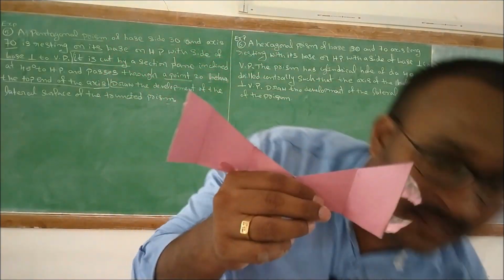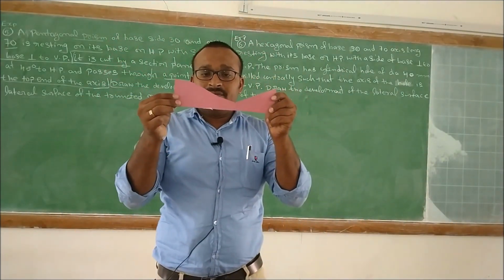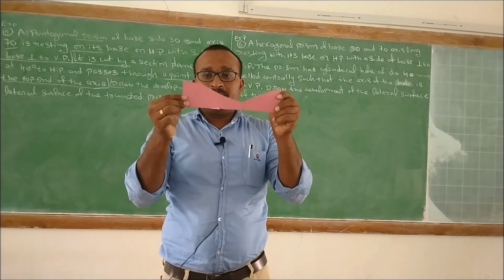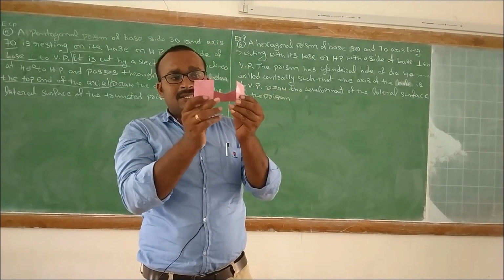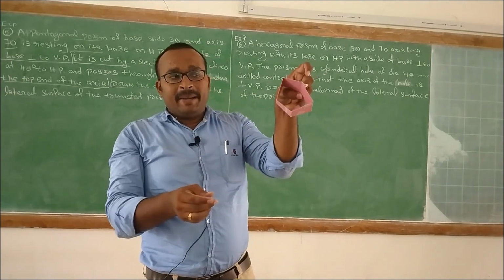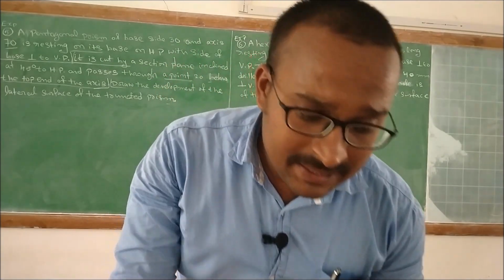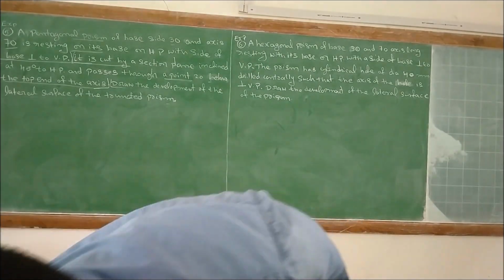So here it is the lateral surface of the truncated prism. When we connect all of them, automatically we will get the pentagonal shape, like this.